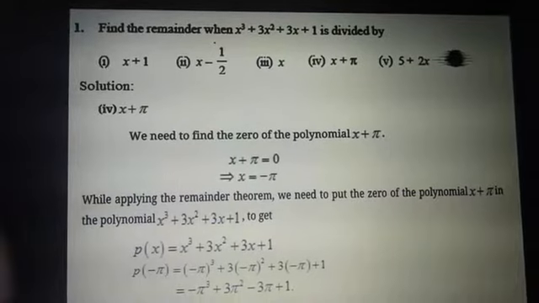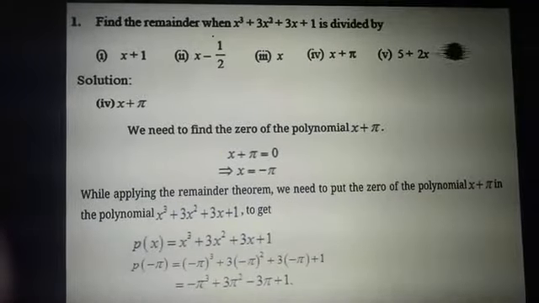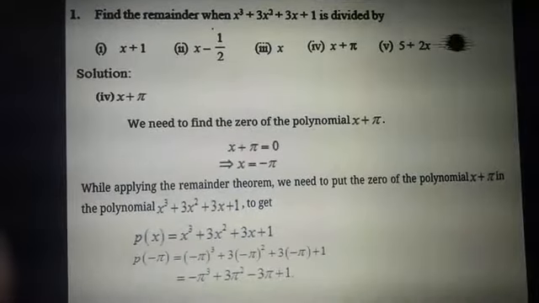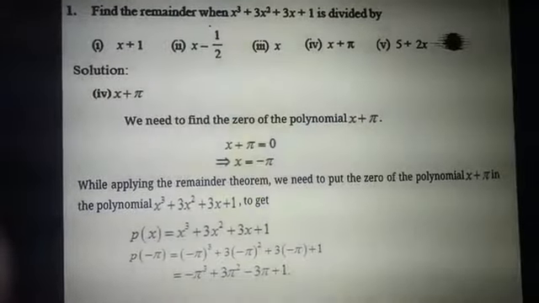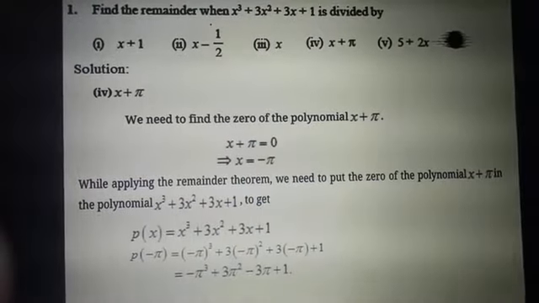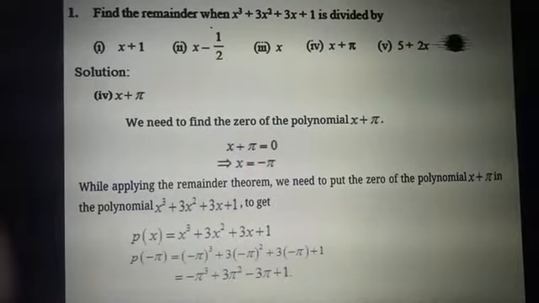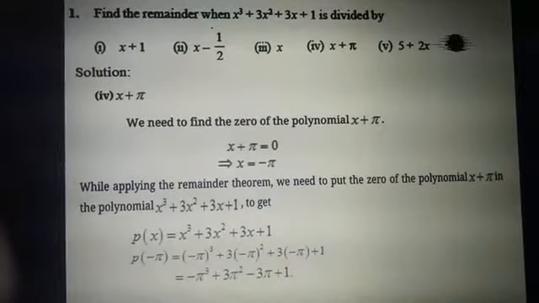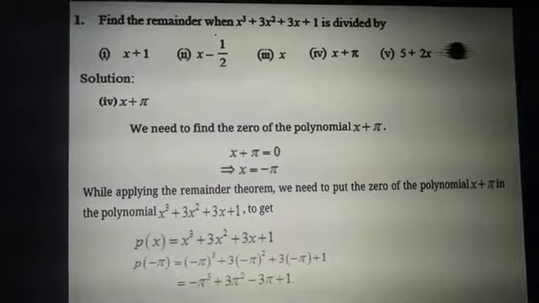Minus pi the whole cube is equal to minus pi cube. Minus pi the whole square is equal to plus pi squared into 3, plus 3 pi squared. 3 into minus pi is equal to minus 3 pi plus 1. So after this we cannot simplify this step. Why?